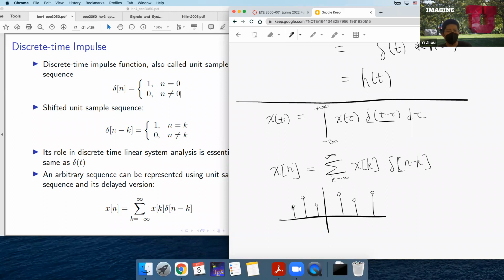For every discrete time index, for example, for the signal here, I can shift a discrete time impulse signal to this location and then scale it using the corresponding value of the discrete time signal. And then I sum up all these discrete impulses, which will essentially give me the discrete time signal itself.